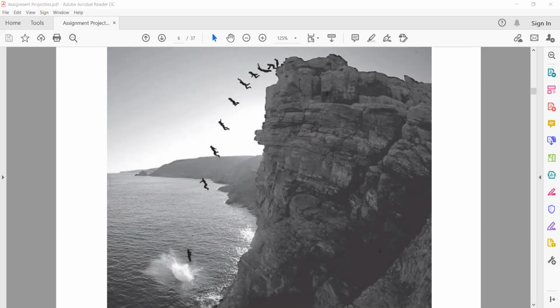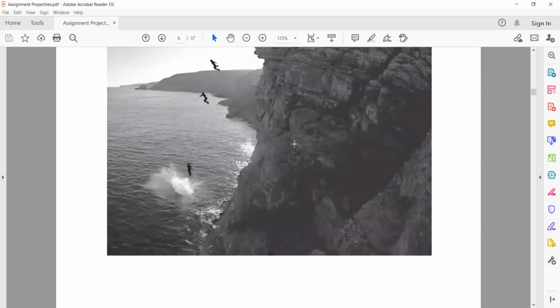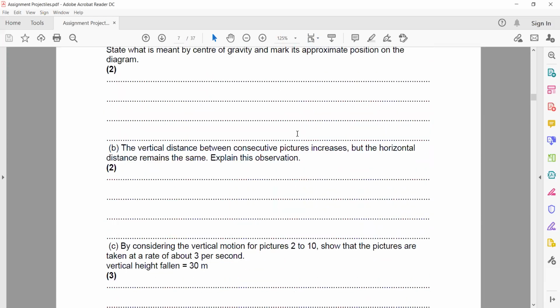you will mention that the jumper is accelerating, or the velocity is increasing, for the vertical motion, but horizontally the velocity is constant. It's also a projectile motion. So basically you have to explain why the vertical velocity is changing and the horizontal is not changing.